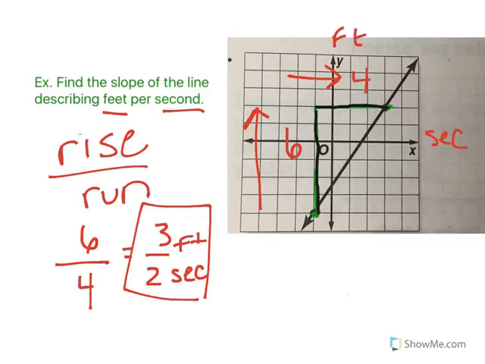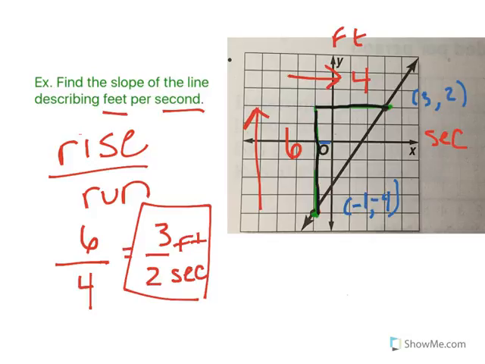We could say, okay, well this point is let's see, -1, -4. And then this point here is, let's see, 1, 2, 3, and this is 2. Okay, so we can use what we did in the last lesson by finding that rate of change, where you can subtract the y's and then subtract the x's.